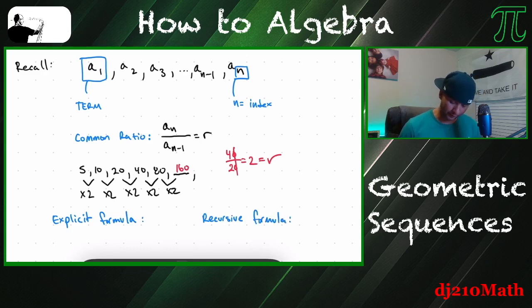All right, so first off, an explicit formula for a sub n is going to look like this. Any term in the geometric sequence can be written as the first term times the ratio raised to the n minus 1 power. So this is an explicit formula.